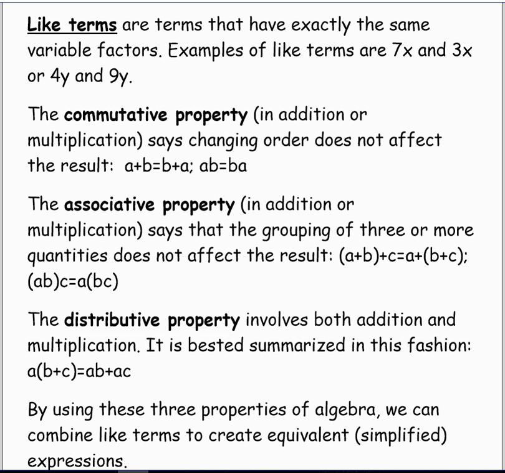Similarly with multiplication, we can multiply A times B and then multiply that product times C, or we can first multiply B times C, and then multiply that answer by A.